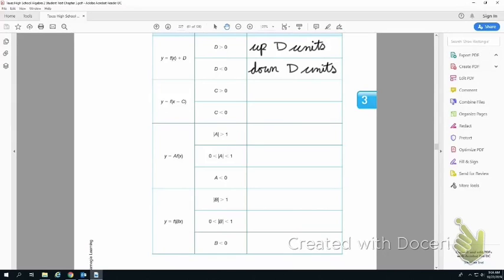Rachel, if the c value is positive, so x plus c, which direction is that going to move it? Left. And so obviously minus c is going to move it to the right.